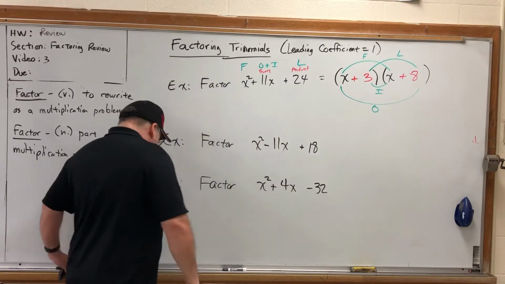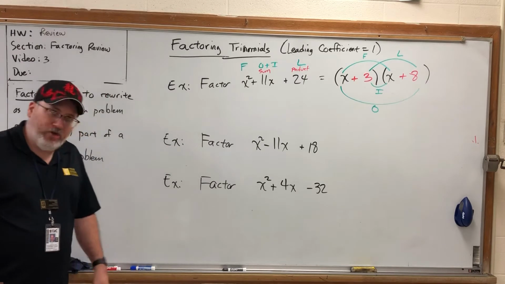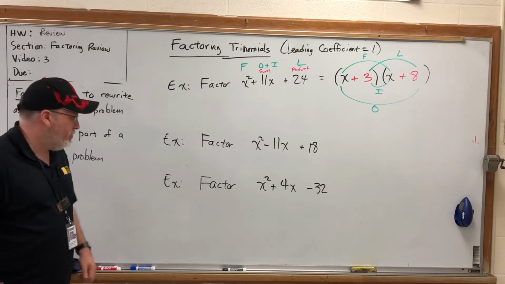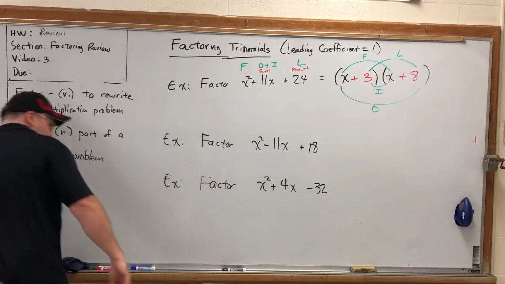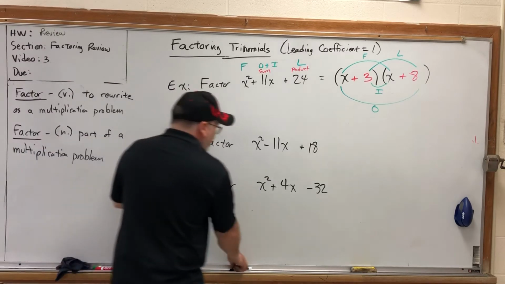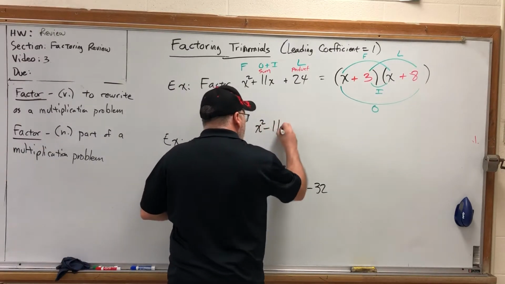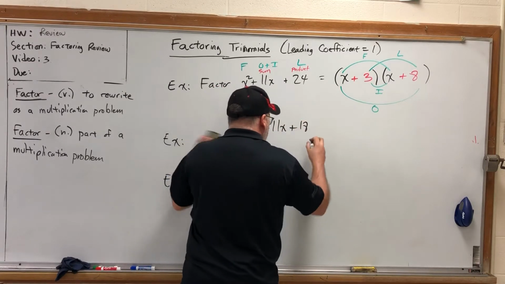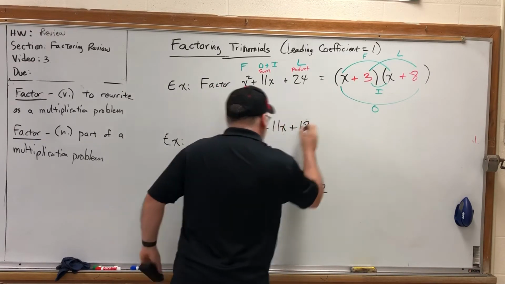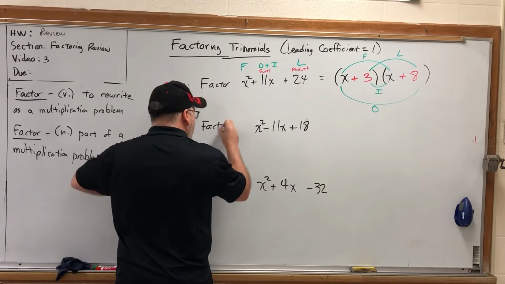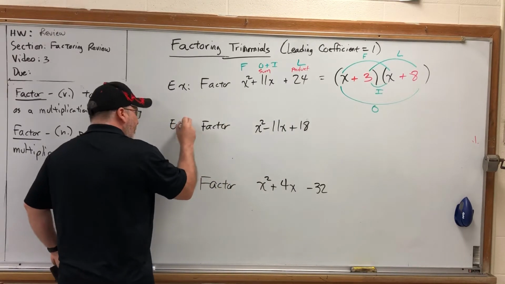Now, the thing that usually makes this a little trickier is the presence of negative signs. I'm going to raise this middle problem up a little bit, negative 11 and 18, just to leave some space under it. There we go.